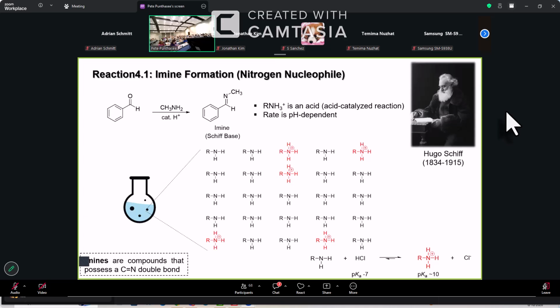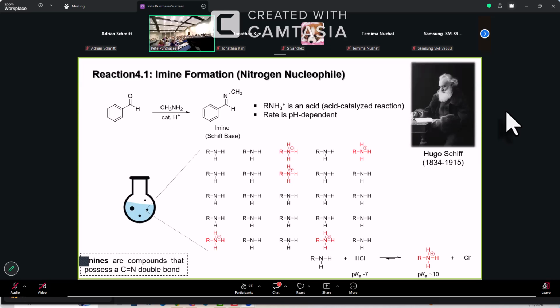Are you following me on that? In this case, who is your proton source? The protonated amine, or ammonium ion, right there. That's your proton source. Now, there's a little bit of a problem here. The acidity of protonated amines, like ammonium ion, is much less than protonated alcohol.